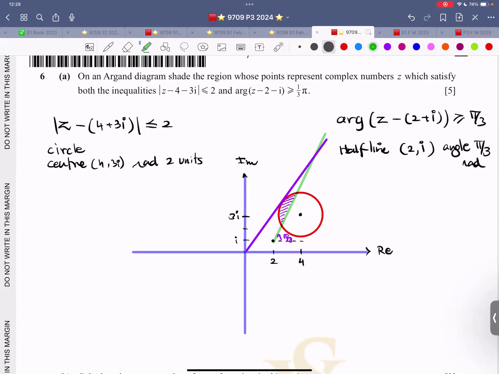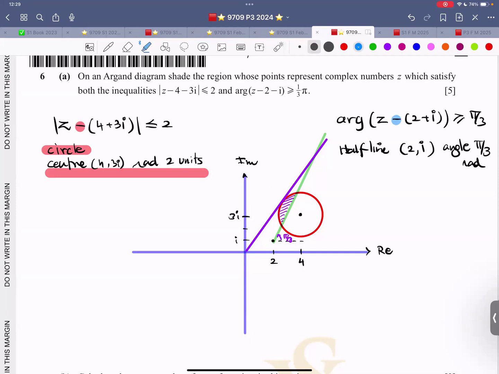Now this first inequality over here, less than or equal to 2, first make sure that you do the proper adjustment. So let me get the red color ready. That is this thing. The adjustment is done. It's a circle. The center is 4 and 3i. Radius is 2 units.